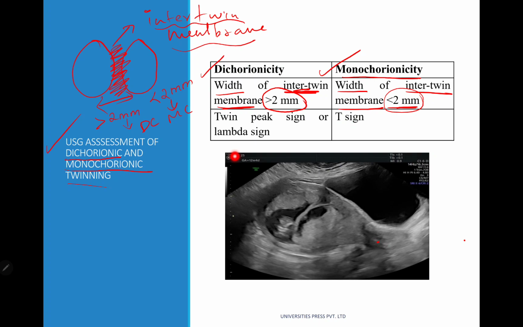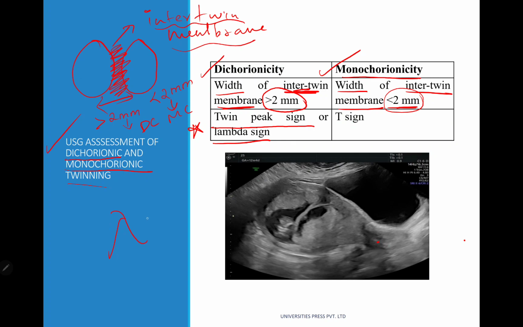And then where will you see? What are the signs you will see if it is dichorionicity? If it is dichorionicity, you can see the twin peak sign or the lambda sign. So this is lambda. Okay, this is the lambda.